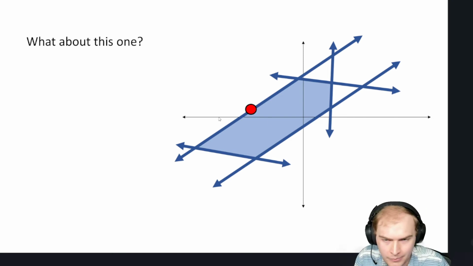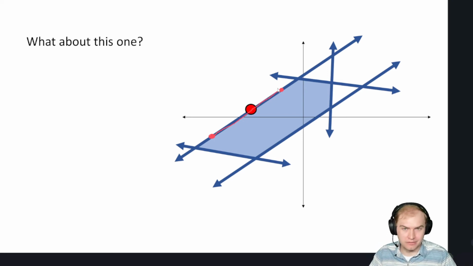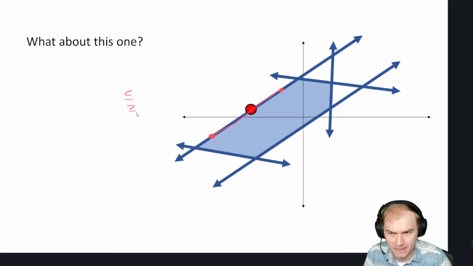Okay, mostly no's, a few yeses. What about these 2 points? Our questionable point lies on the line between those two, right? And because our inequalities, our LPs, are less than or equal to or greater than or equal to, they're not strict.